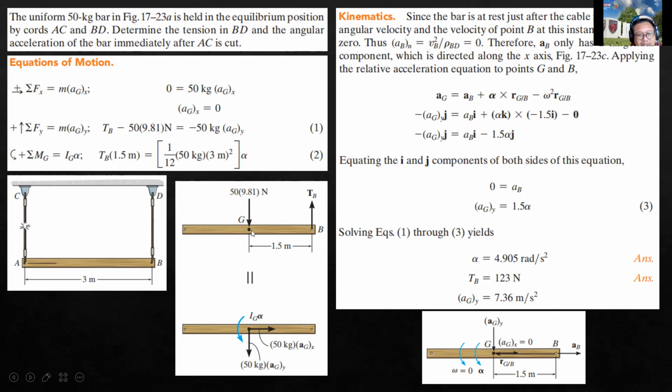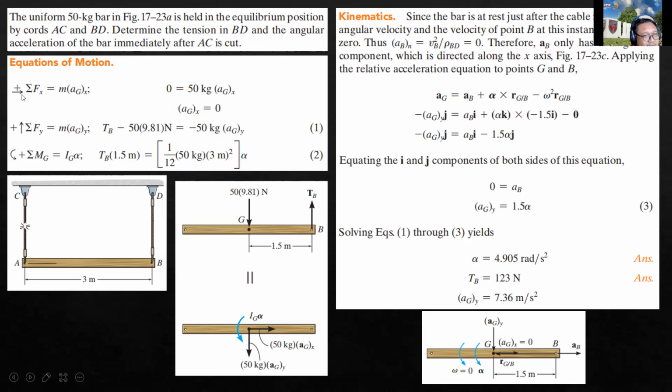So what you have is a tension at point B, TB, and then the weight of this uniform bar at point G, of course, at the center, because it is uniform anyway. And down here, there is another representation of what's going on during this process.